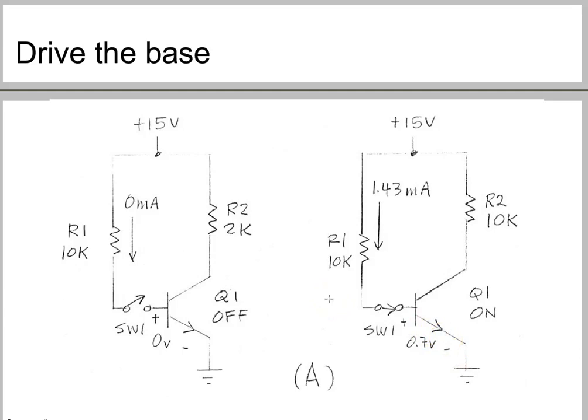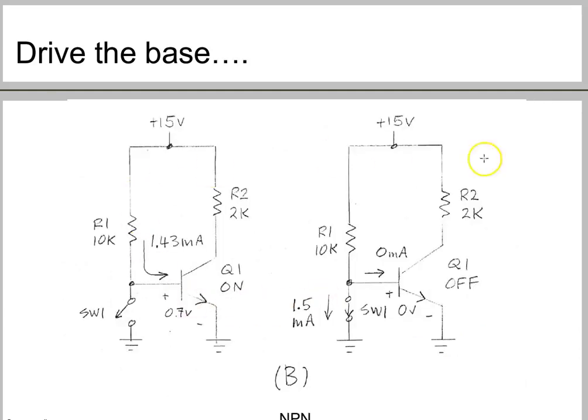Now moving on to the next circuit. So this circuit is similar to the previous circuit, but the only difference is that now the switch is placed in parallel with the base and the emitter leads instead of in series with the base. Okay, so in this first case, when the switch is open, then your 1.5 milliamps of base current flows, and in that case your Q1 is turned on.